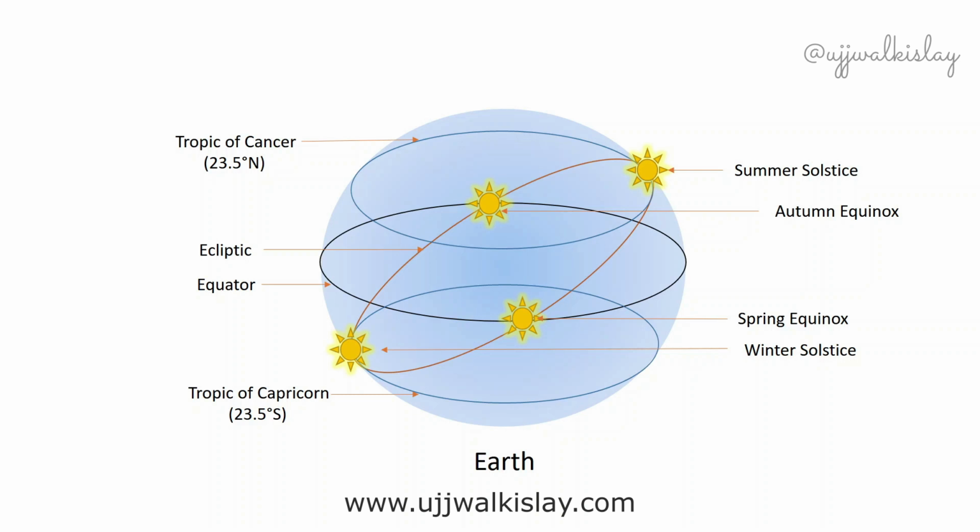Similarly, when the Sun reaches its northmost position at Tropic of Cancer, we have the summer solstice. On the other hand, when the Sun reaches its southmost position at the Tropic of Capricorn, we have the winter solstice. So this is how astronomically the solstice and equinox are defined. I hope it is clear now.